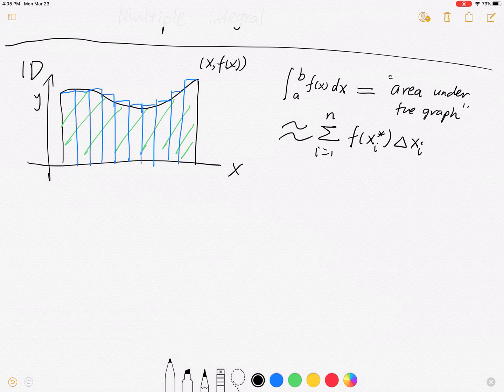So I will explain to you. This is the length of this rectangle.